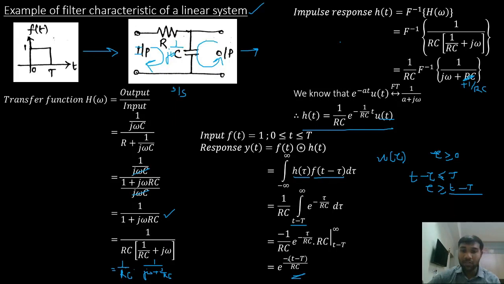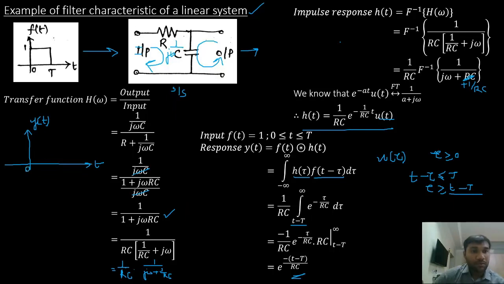Y of t is equal to e power minus t minus capital T divided by RC. So let me draw the response y of t. So this is t, and this is my y of t, my response.